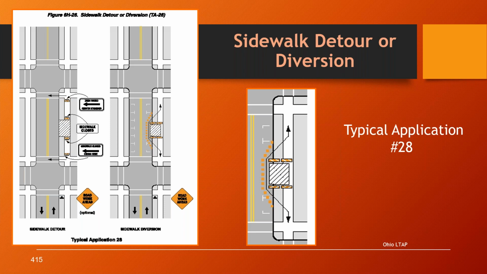And then typical application number 28 deals with a sidewalk detour or diversion. And the picture on the right shows us a diversion, and we actually had a webinar on this about a month ago with Ron Eck from West Virginia University, talk about how to handle maintenance of traffic for pedestrians and also with ADA requirements.